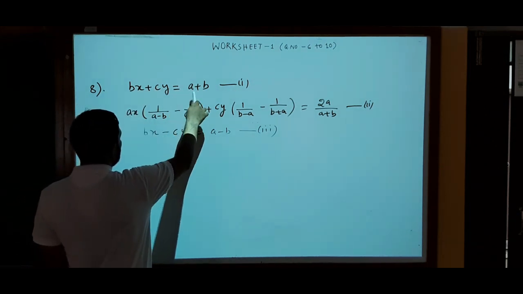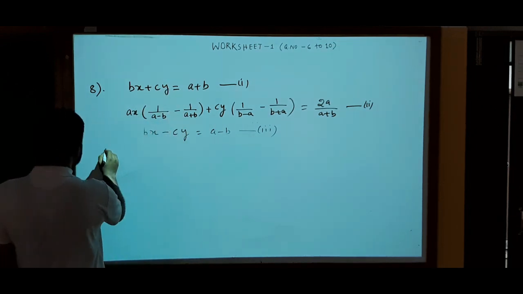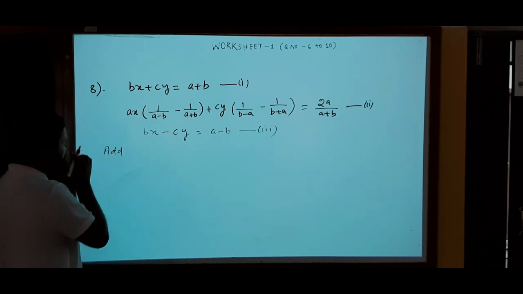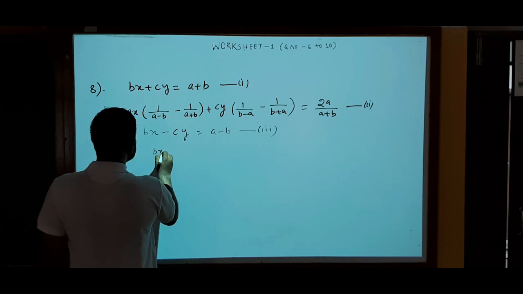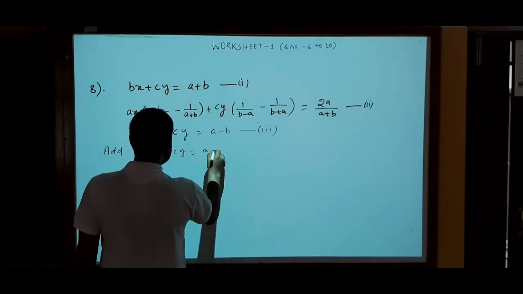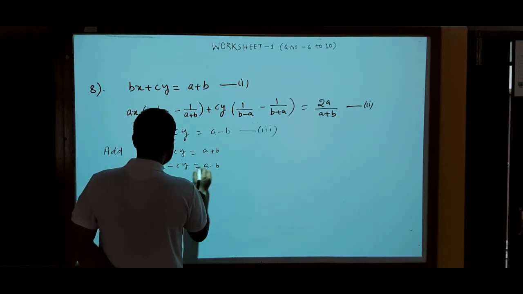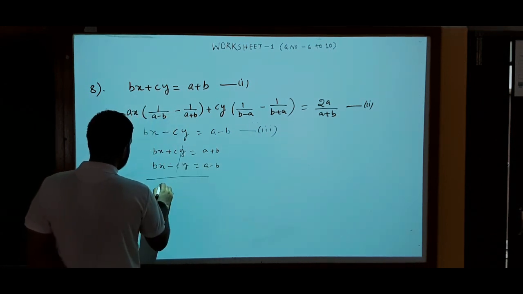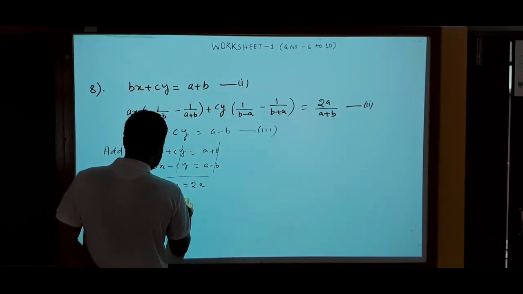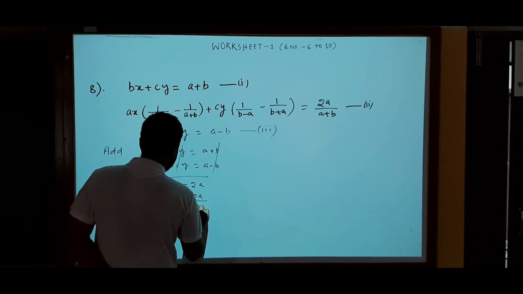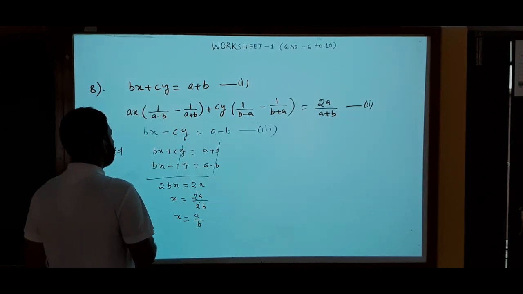If you are going to simplify 1 and 3, and suppose that we are going to eliminate y, we only have to add both the equations. The signs are also different and coefficients are equal. So bx plus cy equal to a plus b, and here it is bx minus cy equal to a minus b. Cancel it. 2bx equal to 2a. So x equal to 2a upon 2b, will get cancelled. So x equal to a upon b.